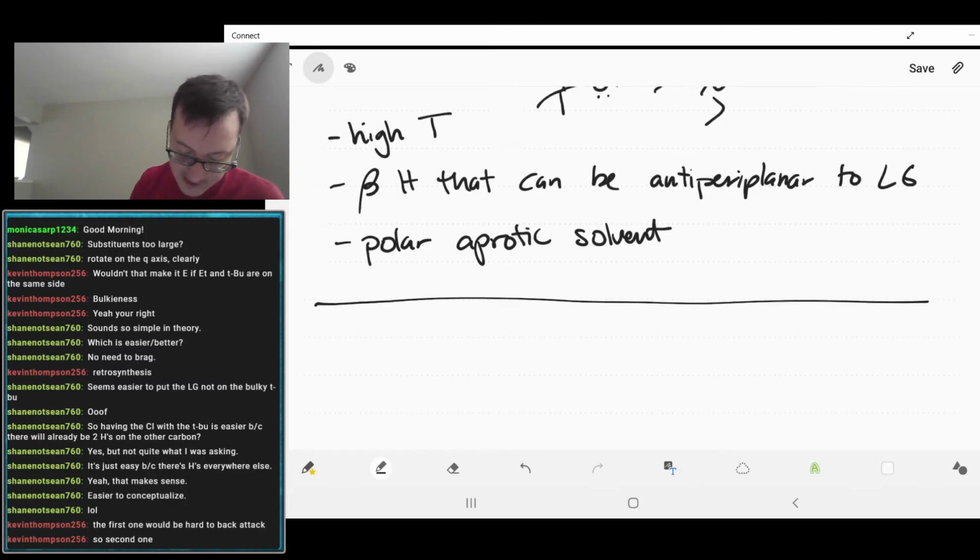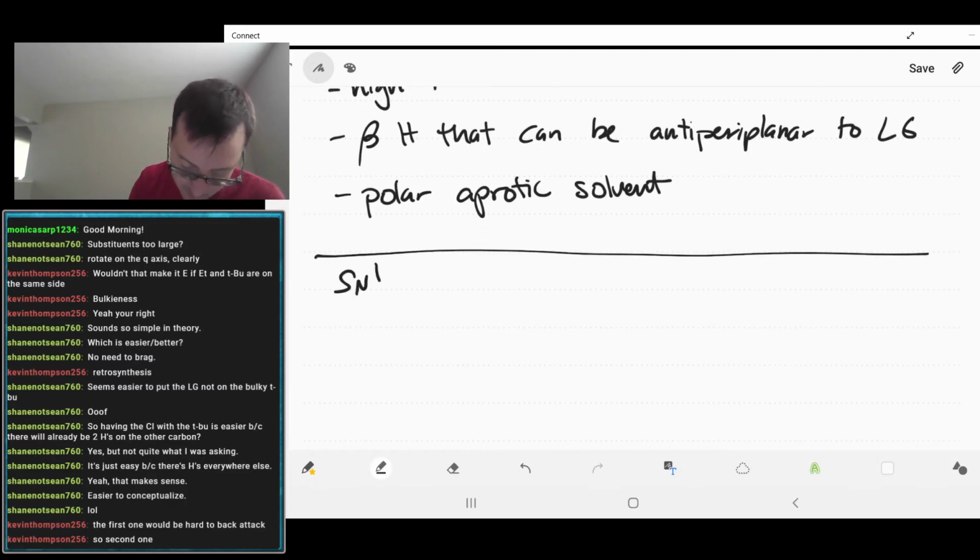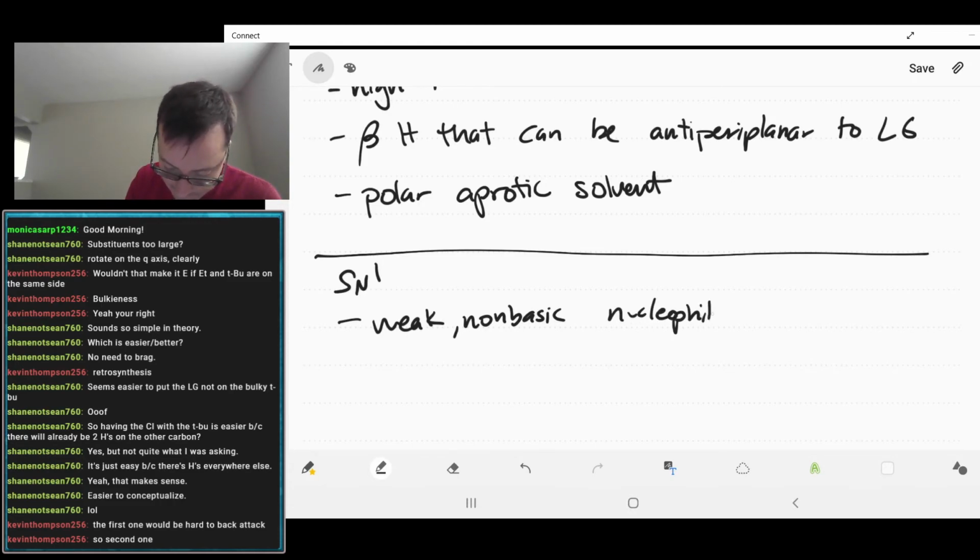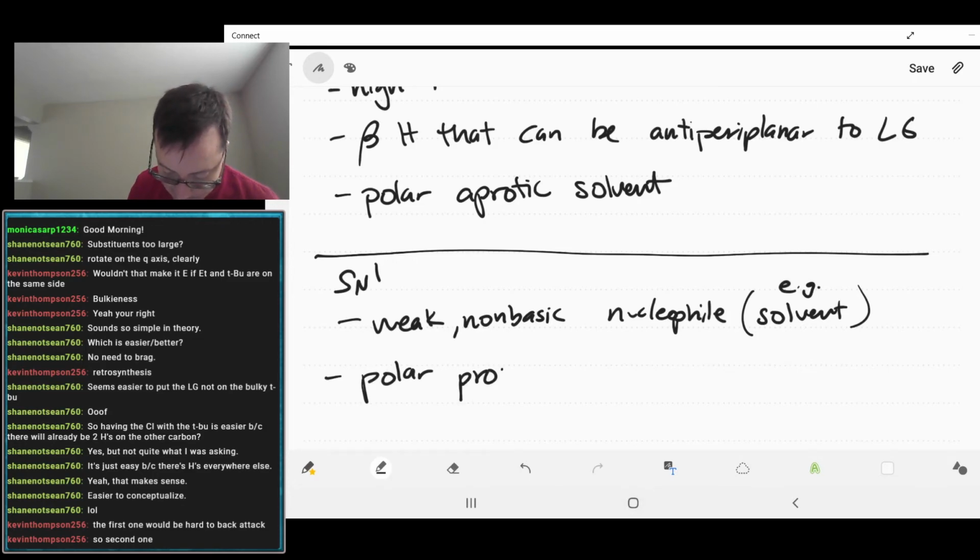All right, unimolecular ones. SN1, you typically want a weak, non-basic nucleophile. Typically, that's the solvent. Your solvent, therefore, is going to be polar protic, and it's typically whatever you want to put in there.